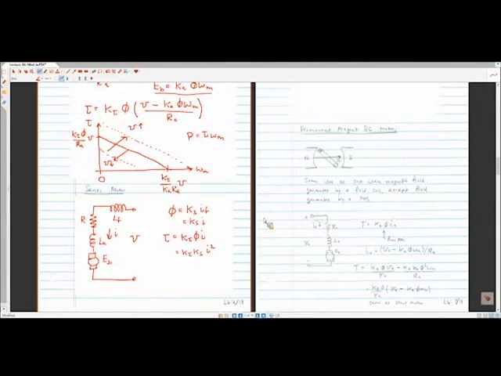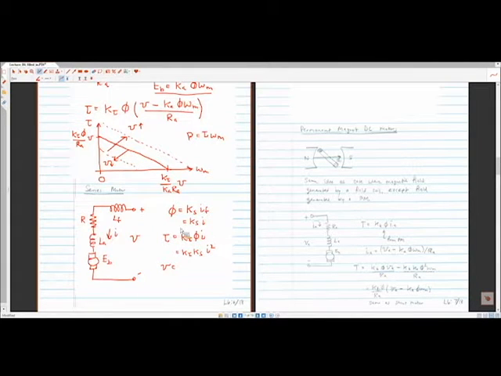Voltage, using Kirchhoff's voltage law. VA, which is the total voltage increase going from the negative terminal to the positive terminal, is equal to the drops in voltage.